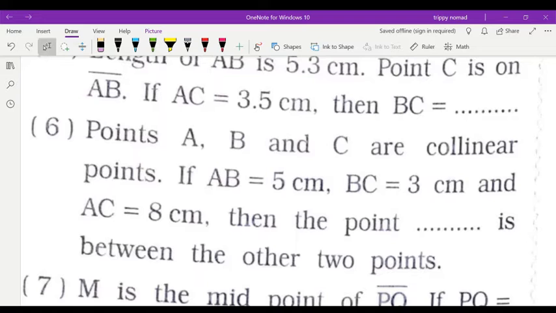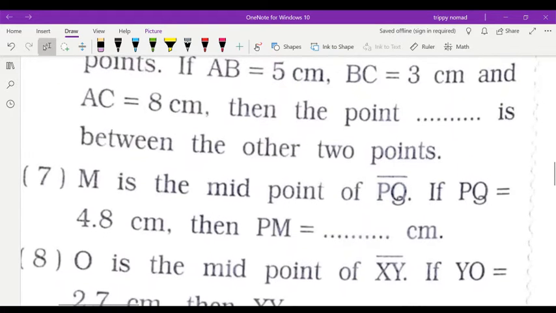If you add AB and BC, you will get the length equal to AC, that means 8. So the point B is between the other two points. It is clear that point B is between the other two points.